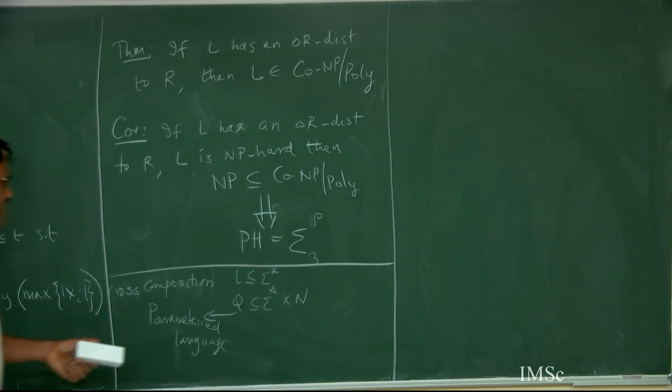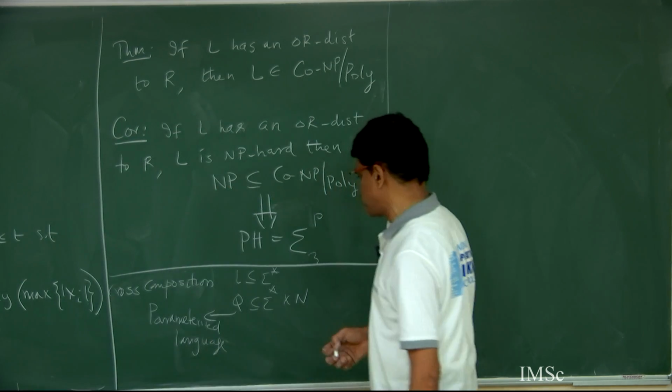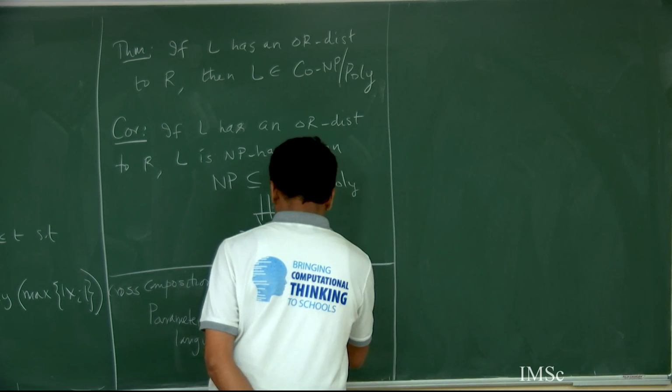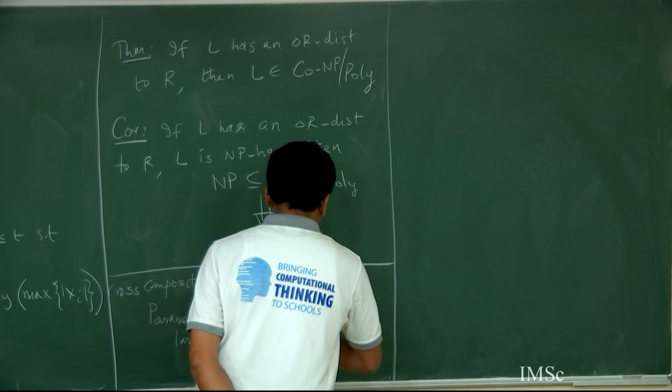We say that a language L cross composes to Q, which is a parameterized language, if the following happens.